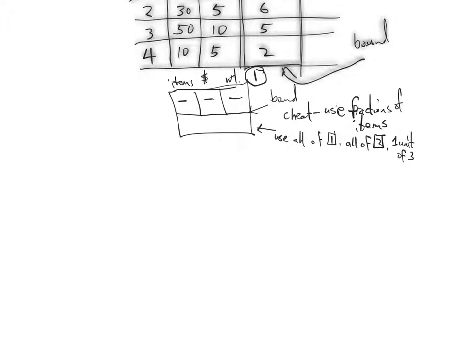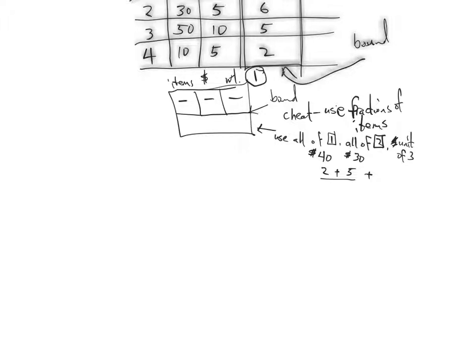Item 1 is worth $40 and weighs 2 pounds. Item 2 is worth $30 and weighs 5 pounds. So we're up to 7 pounds, and it's not one unit of item 3.